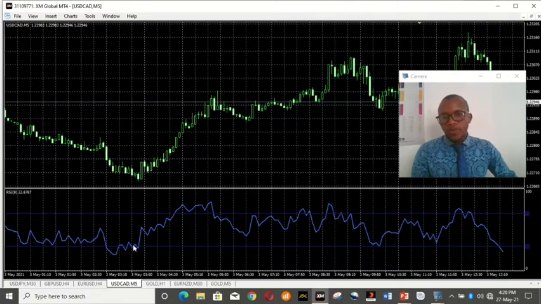So you wait for the market to go a little bit above this line, and then you can pull your trigger and hold. You see, this is the overbought level, which is above 70%.